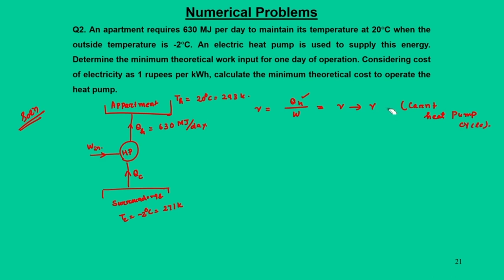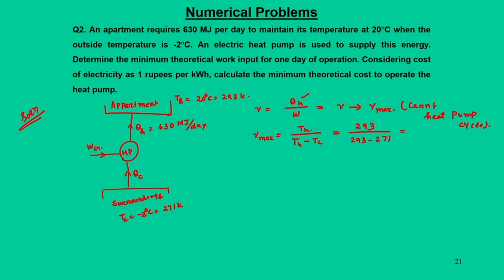Sorry, gamma max. So, gamma max can now be calculated as Th divided by Th minus Tc, because the desired effect is Th. From this we can put 293 by 293 minus 271.